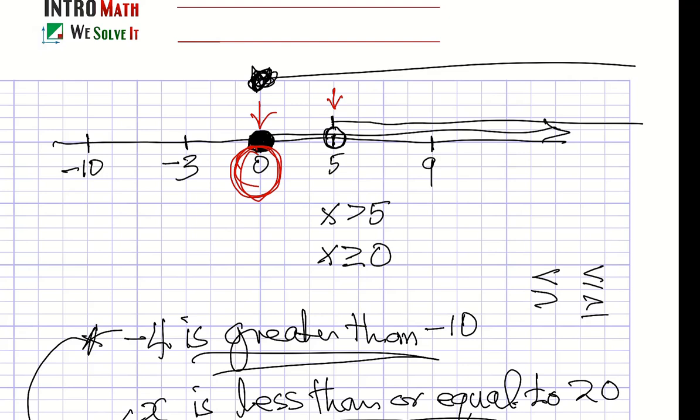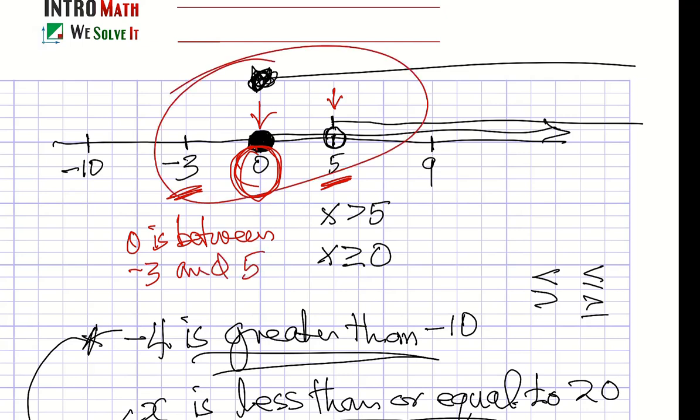Immediately to the left of 0, you see minus 3, right? Immediately to the right of 0, you see 5, right? So another way to say that is 0 is between minus 3 and 5. Looking at this diagram, 0 is between minus 3 and 5.